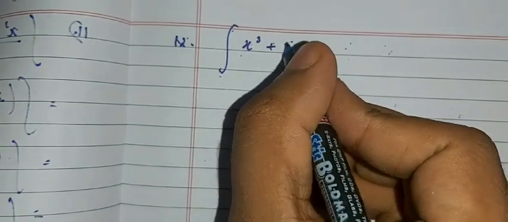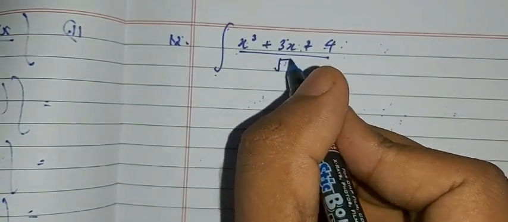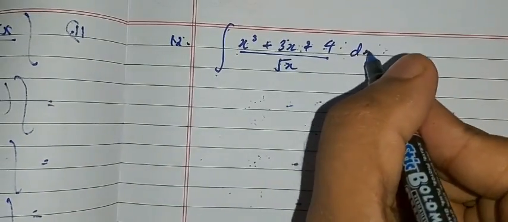Now we move on to the 12th question. The 12th question is integral of x cube plus 3x plus 4 by root x dx.